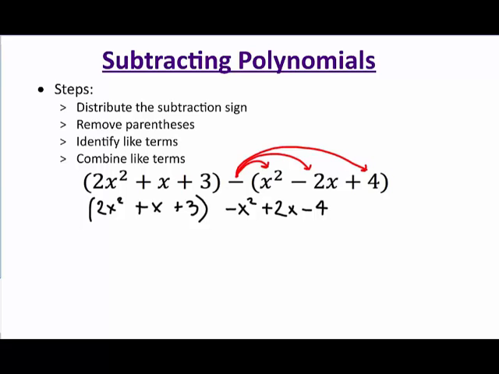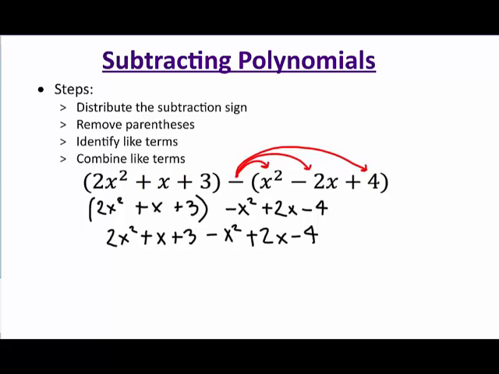Now I can remove the parentheses from the first quantity, so I'm going to rewrite my expression. So 2x squared plus x plus 3, and my second quantity is minus x squared plus 2x minus 4.